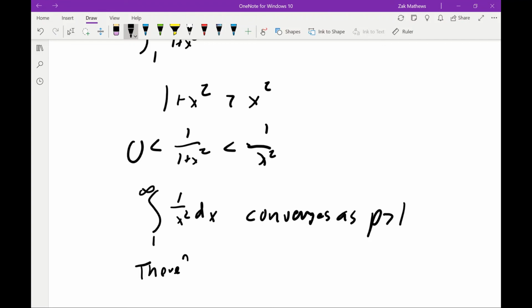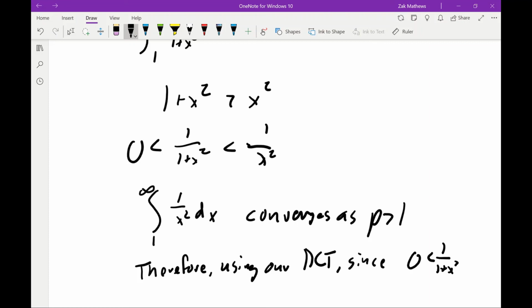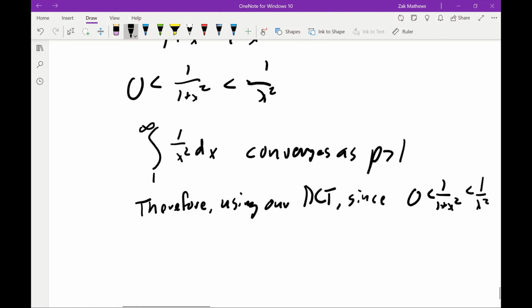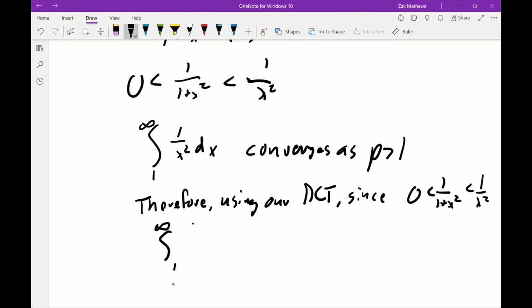Therefore, using our direct comparison test, since 0 is less than 1 over 1 plus x squared is less than 1 over x squared, the integral from 1 to infinity of 1 over 1 plus x squared dx must converge.